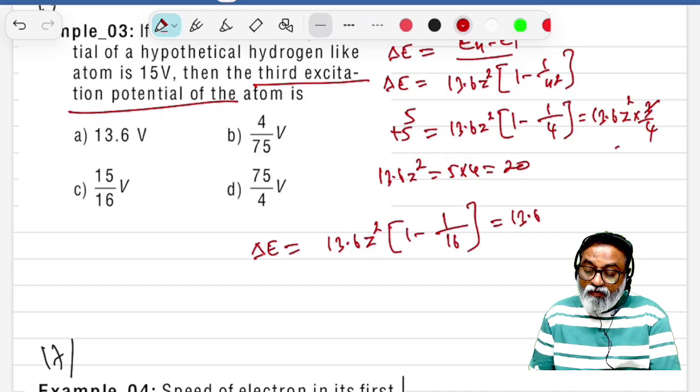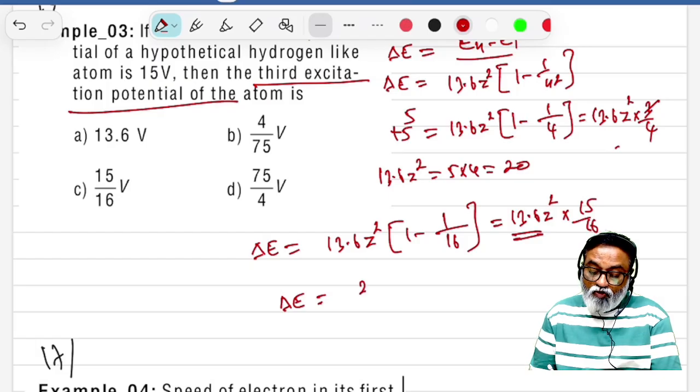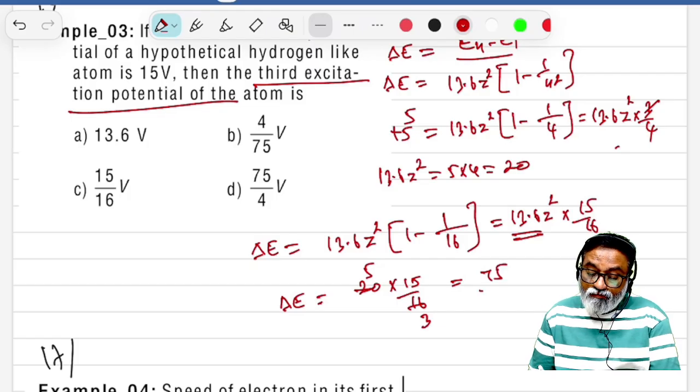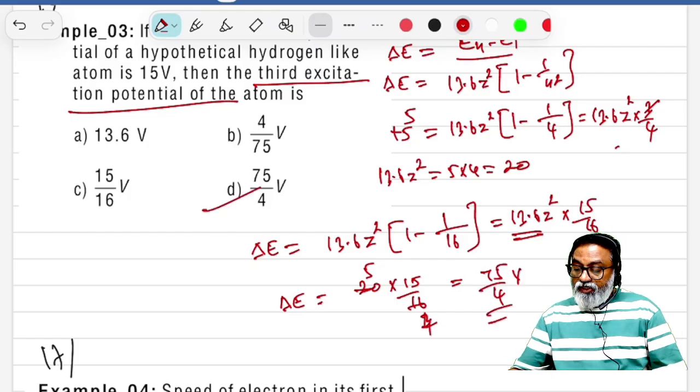Therefore, 13.6 Z square into 15 by 16. Therefore, this becomes 20 into 15 by 16. 4 5s are 20, 4 3s are 12, 15 into 5 is 75, so 75 by 4 volts. Therefore, answer D is correct.